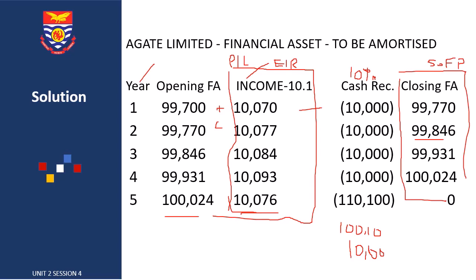The final year for the financial asset, you have redeemed it, so there is no other investment there, so the figure will be 0. But that year you will receive the interest. Now, if you want to know the total finance cost or finance income, if it is an asset, it's an income for you. So to Agate Limited it is an income. But for Adum Limited, it's going to be a cost, so finance cost.